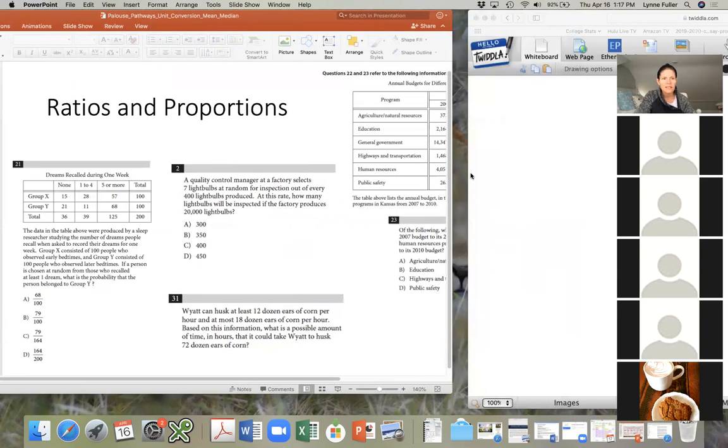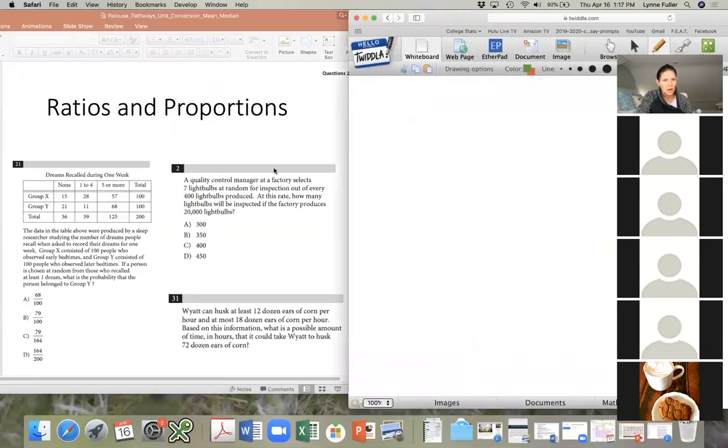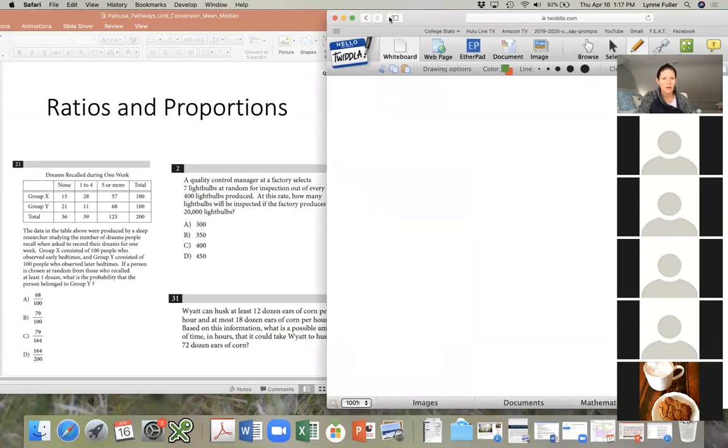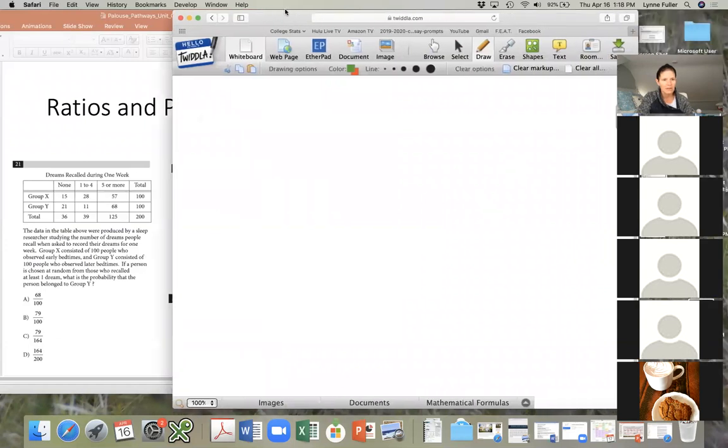Okay, so the data in the table above were produced by a sleep researcher studying the number of dreams people recall when asked to record their dreams for 1 week. Group X consisted of 100 people who observed early bedtimes, and Group Y consisted of 100 people who observed later bedtimes.